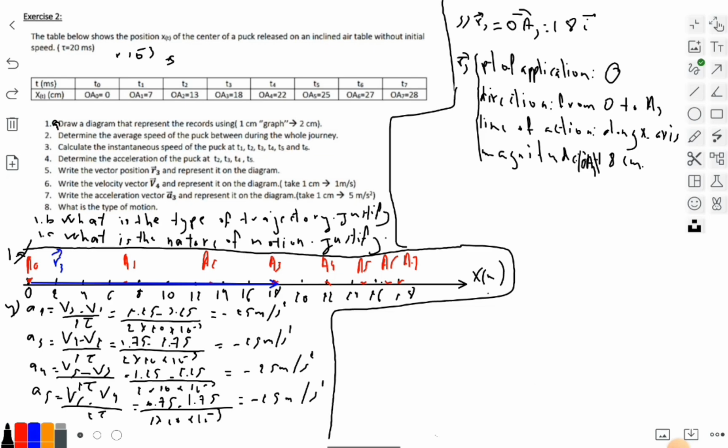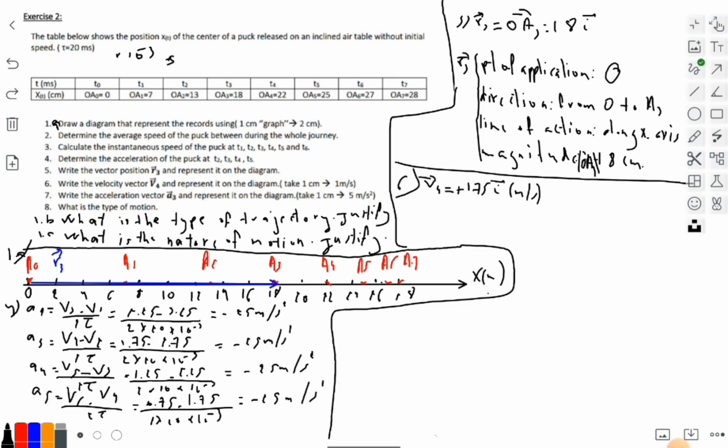Part 6. Write the velocity vector V4 and represent it on the diagram. Take 1 centimeter corresponding to 1 meter per second. We have V4 equal to plus 1.75 i meter per second.